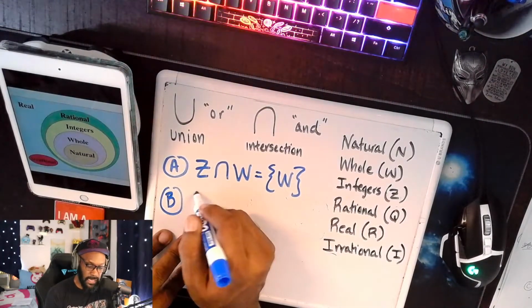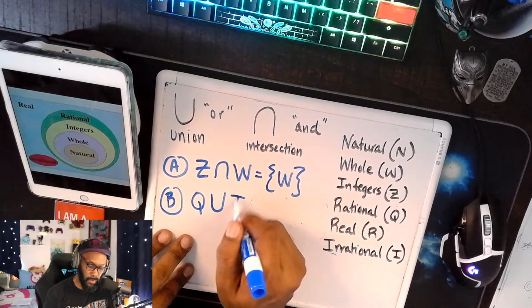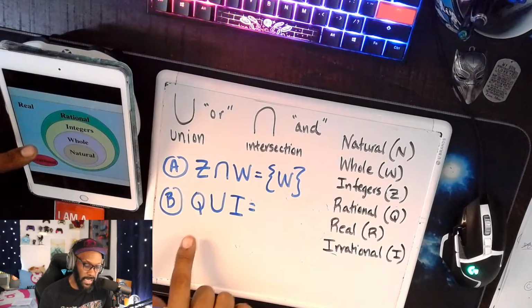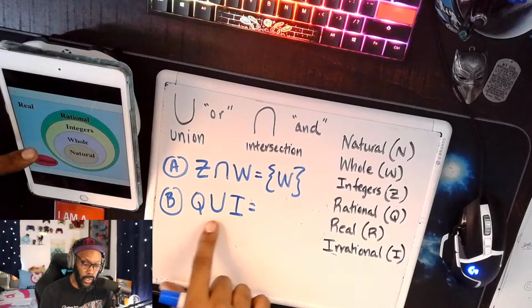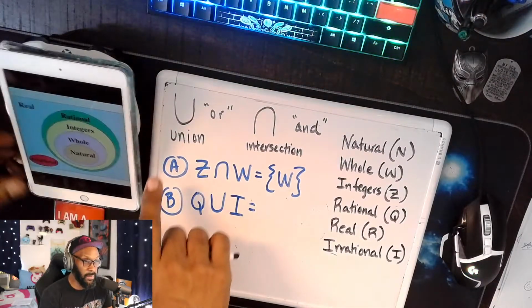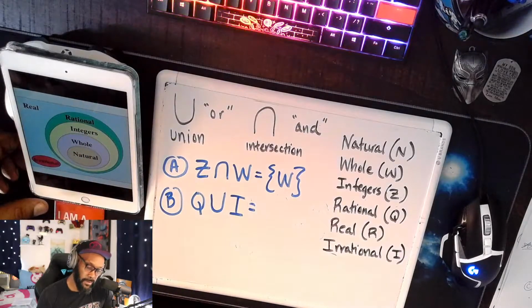Now I want set Q and the union of set Q with set I. In other words, I'm looking at the OR, rational numbers and irrational numbers. Maybe the infograph will help. What's your answer?